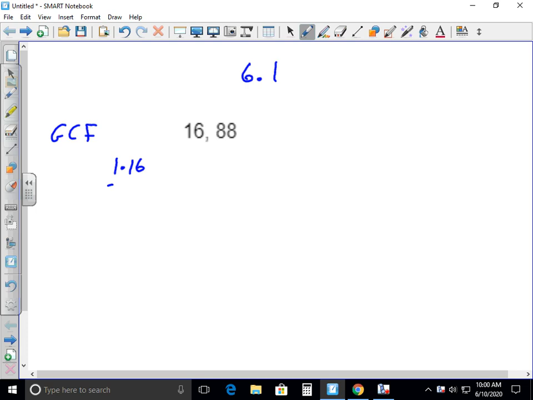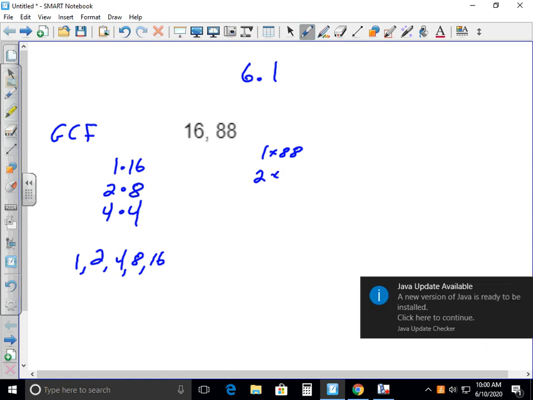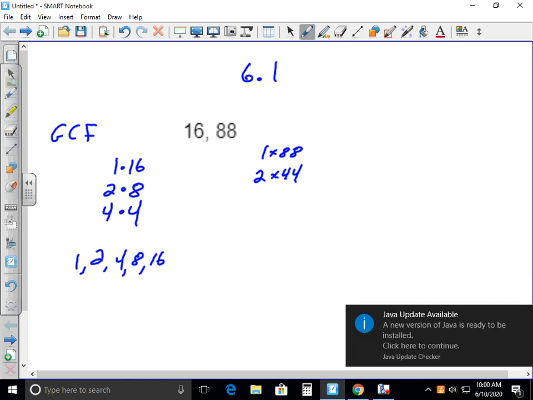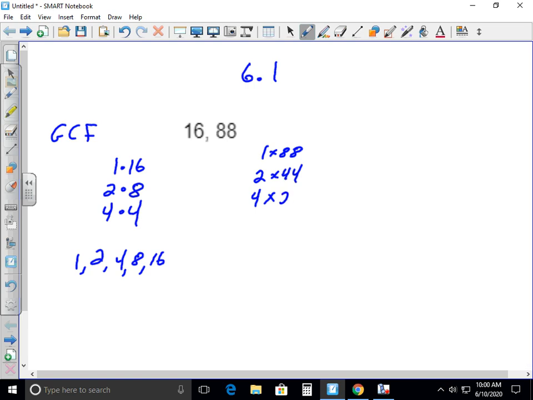16 is 1 times 16, 2 times 8, 4 times 4. So 1, 2, 4, 8, and 16 are all factors of 16. 88 is 1 times 88, 2 times 44. 3 doesn't go into 88, but 4 goes into 88. 4 times 22. 5 doesn't go into it. 6 doesn't go into it. 7 doesn't go into it. 8 goes into it 11 times.